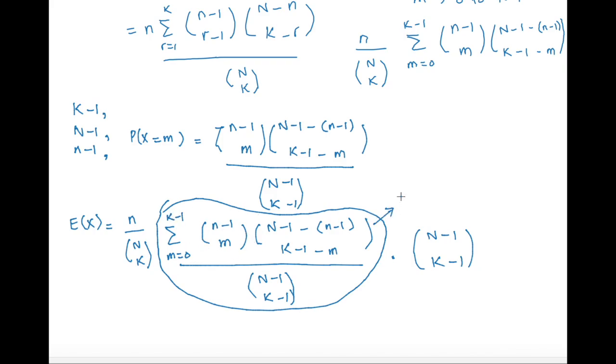So this is 1. So then I'm left with n times (N minus 1) choose (k minus 1) divided by N choose k.